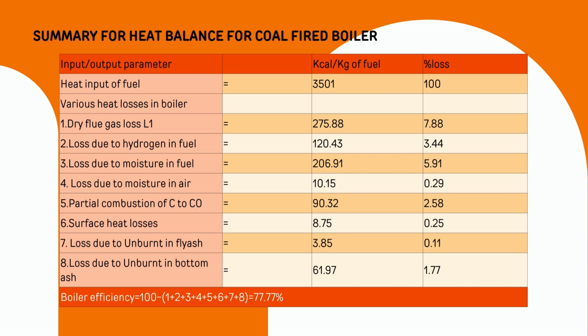Now, the boiler efficiency if we calculate we will get 77.77%. So, the boiler efficiency is 77.77%.